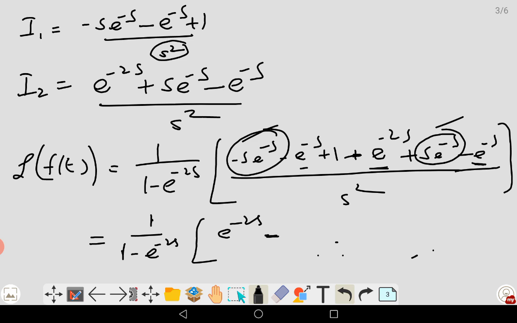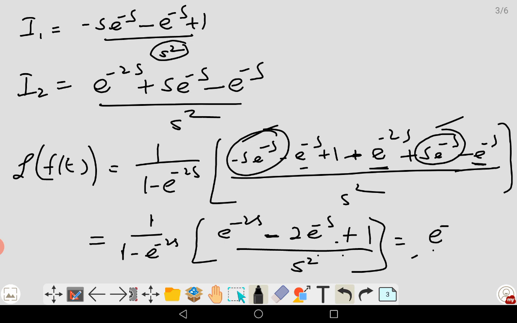Minus 2 e raised to minus s plus 1, divided by s square. The simplification should be done just like the previous problem. This numerator will become e raised to minus s minus 1 whole square, divided by s square into 1 minus e raised to minus 2s.